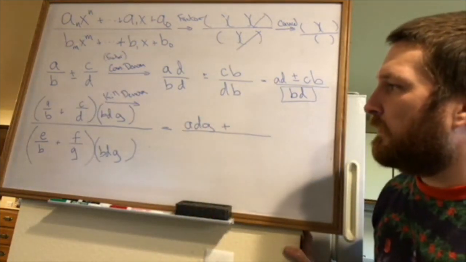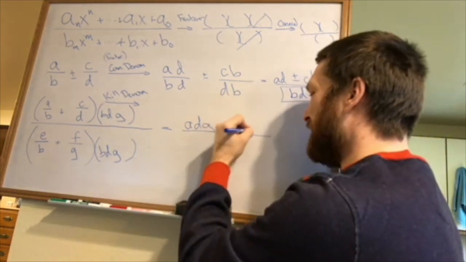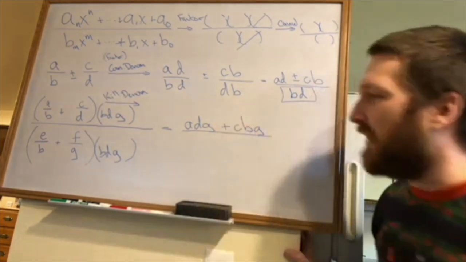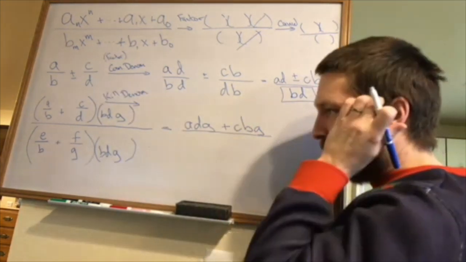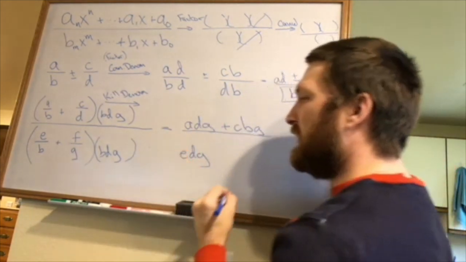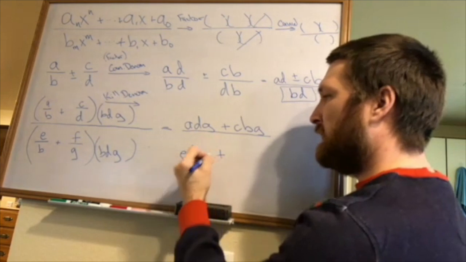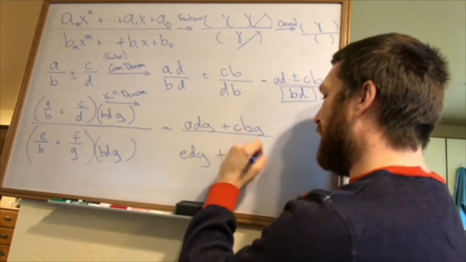CEG, I believe. B, yeah, BG. Now what about in the bottom? EDG. And finally, FBD. Yep.